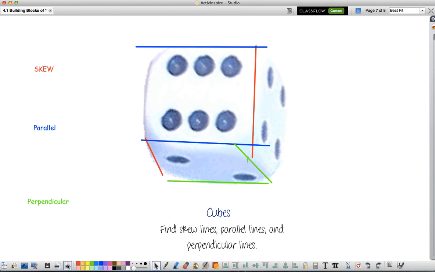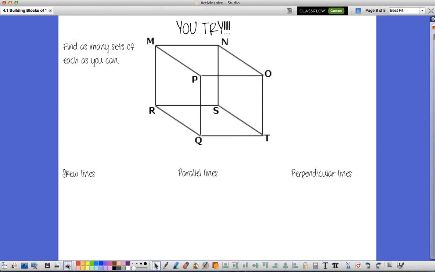All right, so the last part is the you-try problems. You are going to write down as many sets of skew lines, parallel lines, and perpendicular lines as you can find. So remember, you have to write it out using your symbols. You can either write out line MR and line NO are skew, using the word line, or you can use the symbol for line and then write MR and NO are skew.